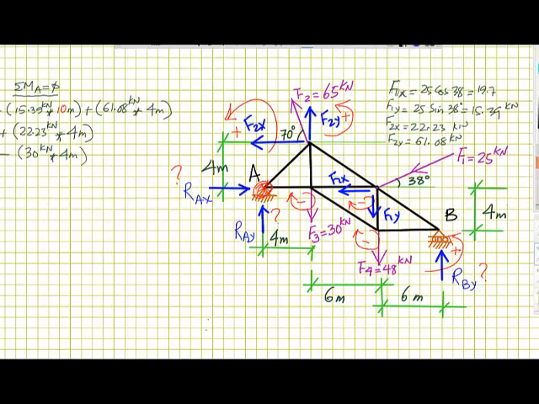Then F4 is rotating negative, is 48 kilonewton, multiplied by the distance, which is 6 plus 4, equal to 10 meters, is equal to 0. Sorry, we forgot the RBY.